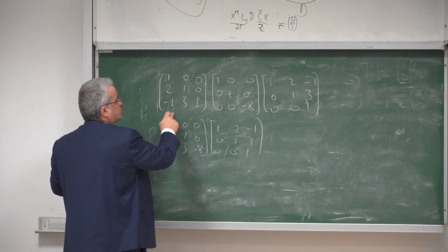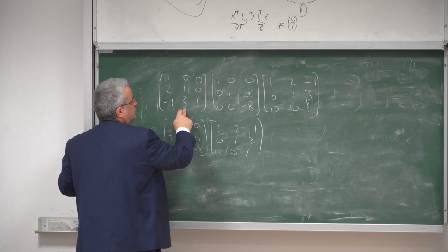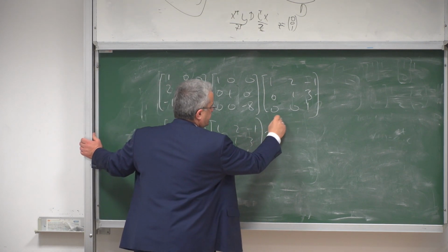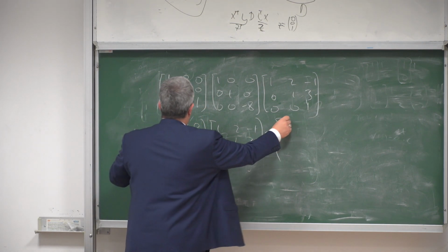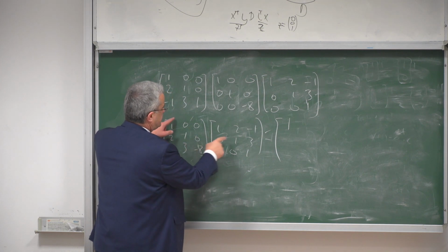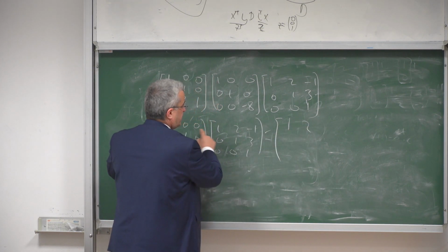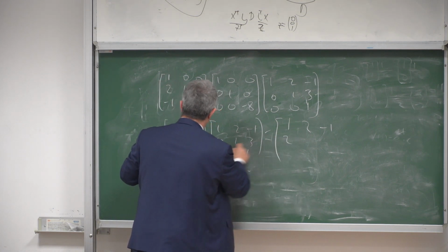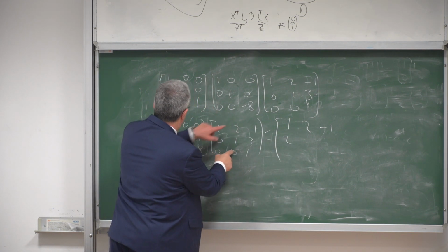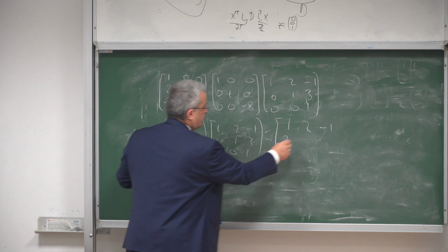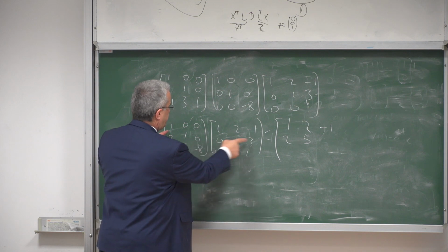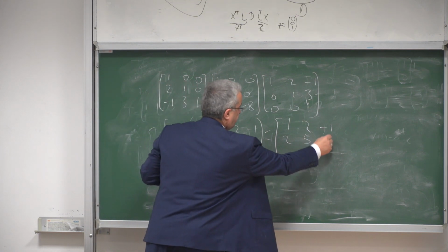This first multiplies the first column by 1. This multiplies the second column by 1. This multiplies the third column by -8. So when you multiply these two together, this is 1, and this is 2, and this is -1. This is 2, and this is 4. This is 5, and this is -2 plus 3 is 1.